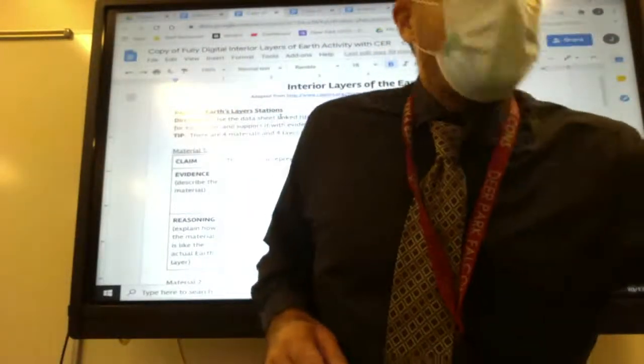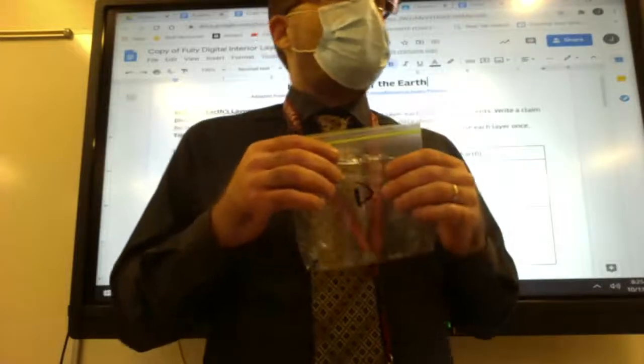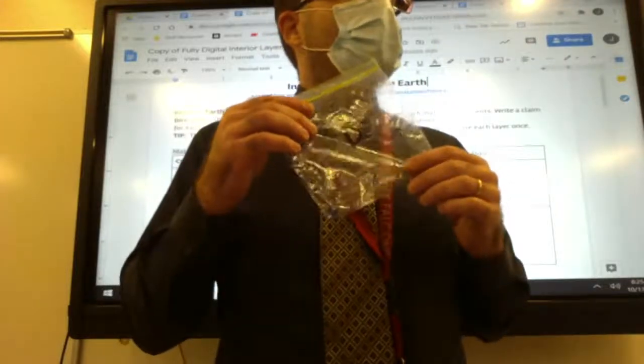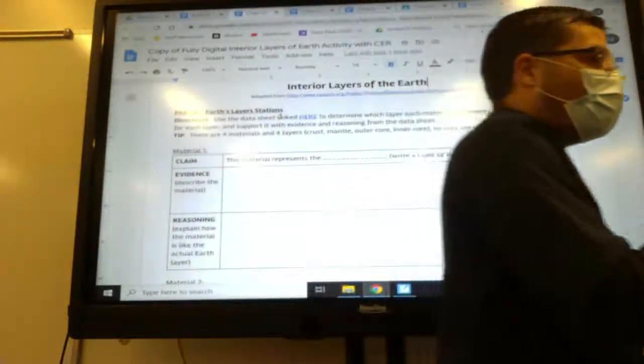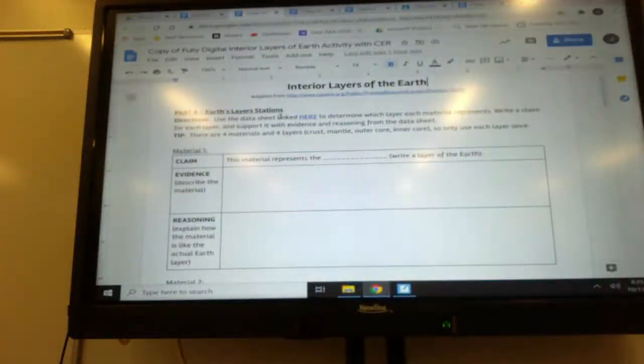The last layer. We talked about the crust, mantle, and outer core. Now we're going to talk about the inner core. This marble would represent the inner core. It's made up of the same material as the outer core. It's still made up of iron and nickel, but it is solid. It is not liquid like the outer core. Solid ball of metal. Can anybody venture a guess why?